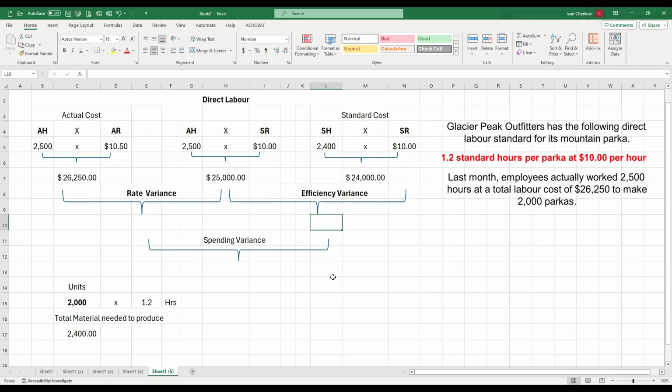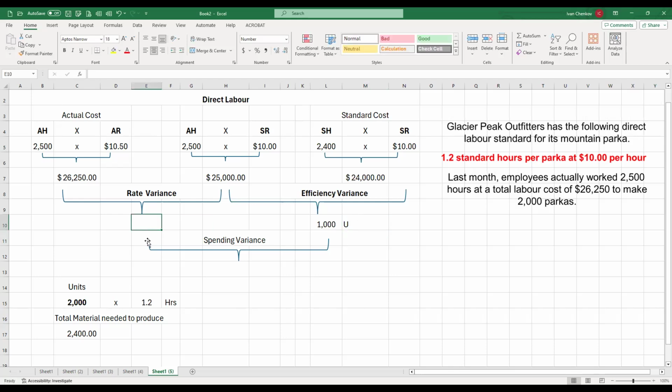So how efficient am I in using the labor? What's the efficiency? 1,000, not good. 1,000 inefficient, right? Instead of efficient, we are inefficient or unfavorable.